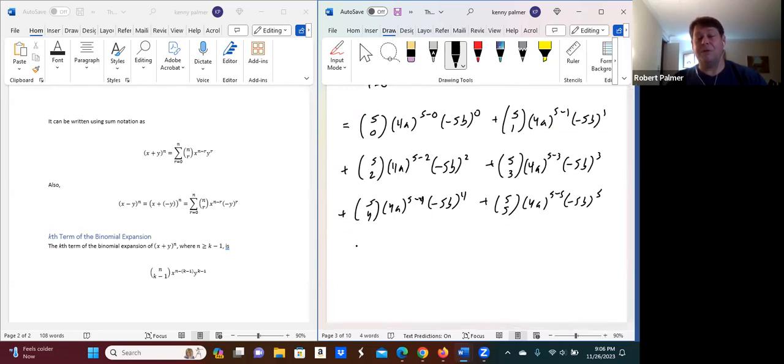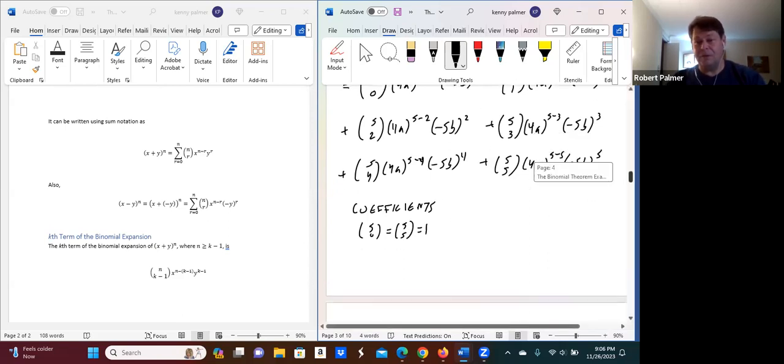So once again, let's look at our coefficients first. We know that 5 over 0 is equal to 5 over 5, which are 1. So the first and the last one are 1.